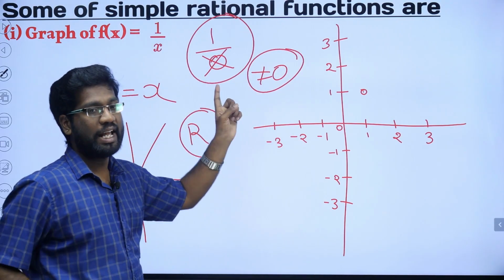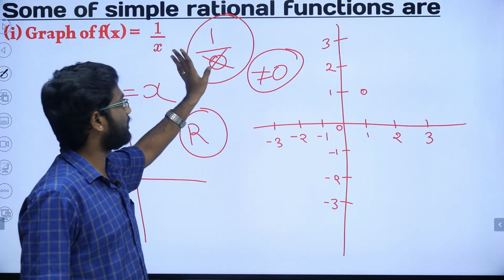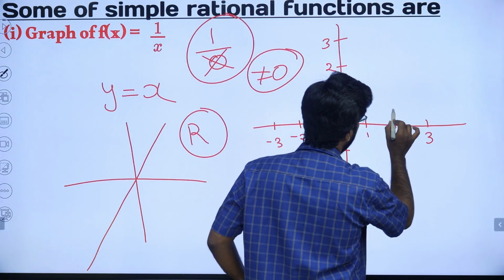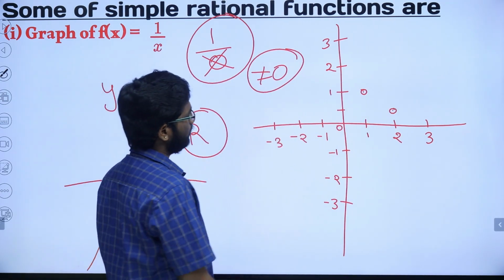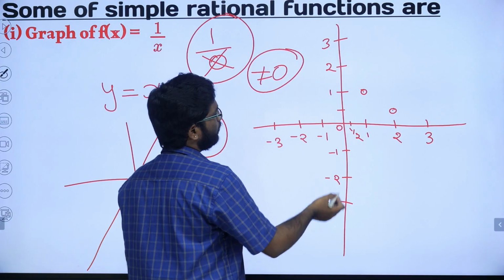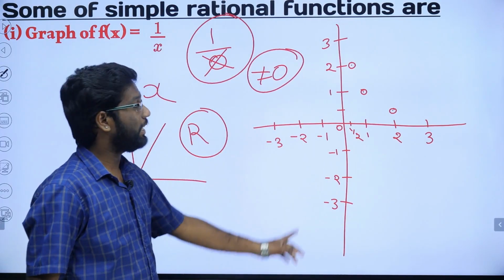I hope you can understand, my dear students. For 2, what will be the answer? At the half, 0.5. If the value is 1 by 2, then what will be my answer? 2. If it is 1 by 3, then it is 3.